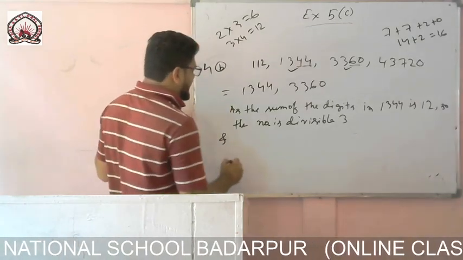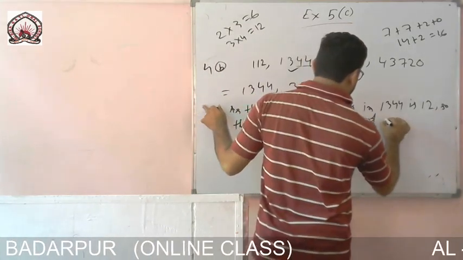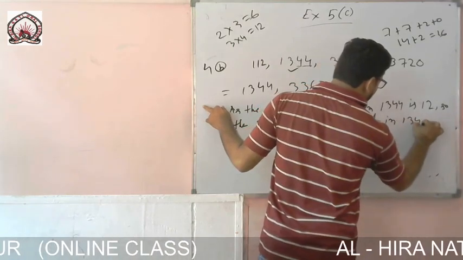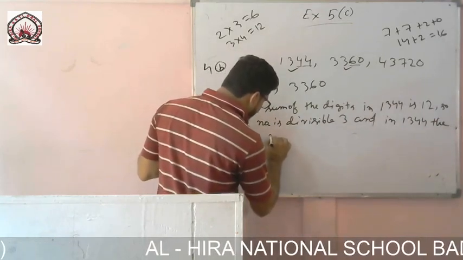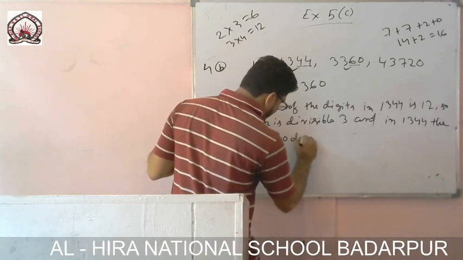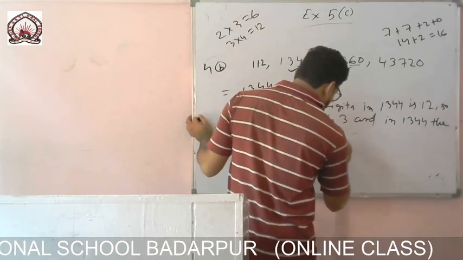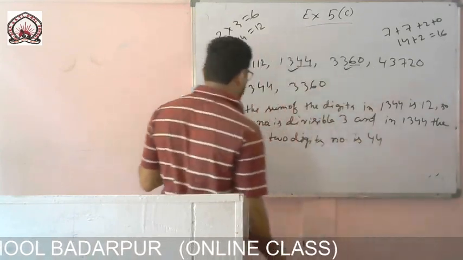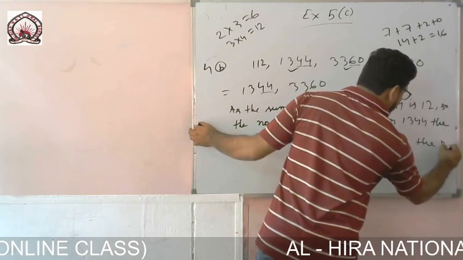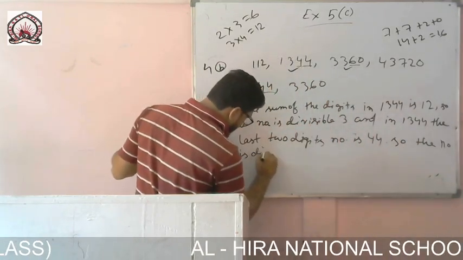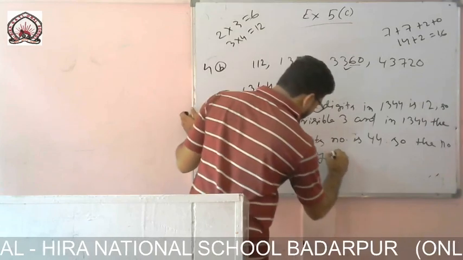And here you write, in 1344 the last two digits number is 44. So the number is divisible by 4.